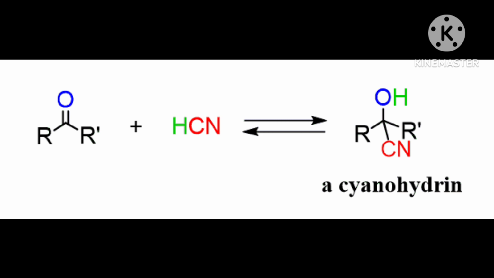In a ketone carbonyl, two alkyl groups will be there, but in an aldehyde, only one alkyl group will be there. The hydrogen sulfite addition compound is water soluble and can be converted back to the original carbonyl compound by treating it with dilute mineral acid or alkali.